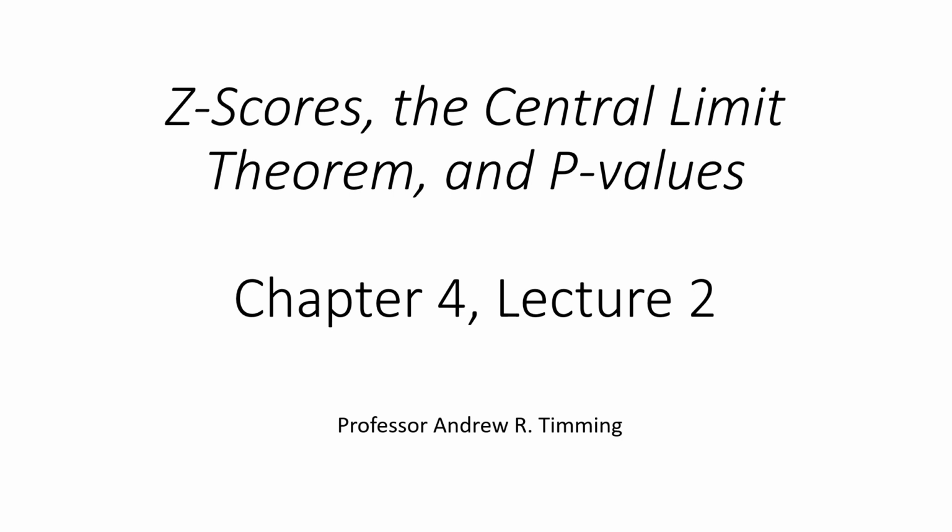And then we'll look at the central limit theorem, which is the conceptual or theoretical mechanism that we use to enable us to generalize our results from a sample to a population. And lastly, we'll look at the inimitable p-value. The p-value is a statistic that will tell us with a certain degree of certainty whether or not we can generalize our results to the population.